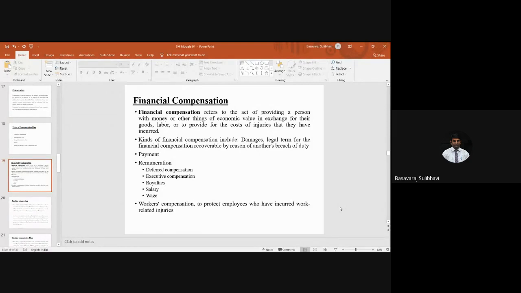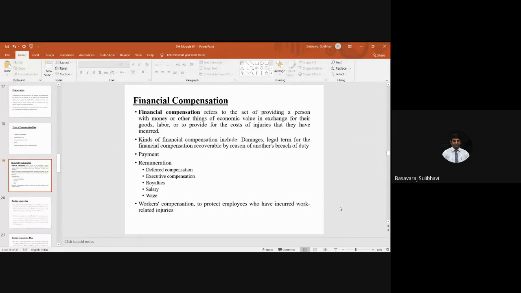Or maybe some cost will be paid by an organization for those people who are working for it, when the job is going on, the process is going on, and they get injured. So on the job, when those people get injured, in return they will be receiving a financial amount in the form of compensation.